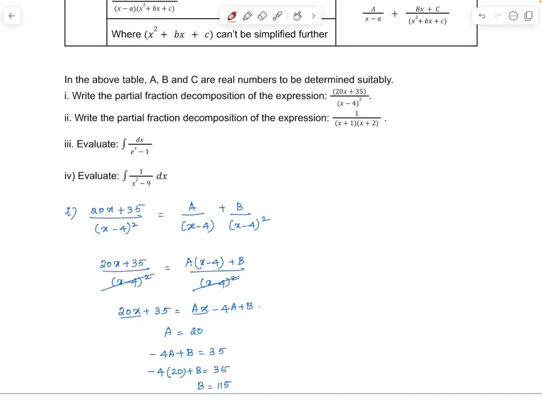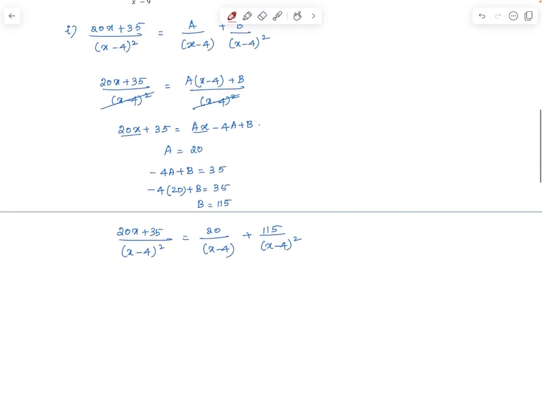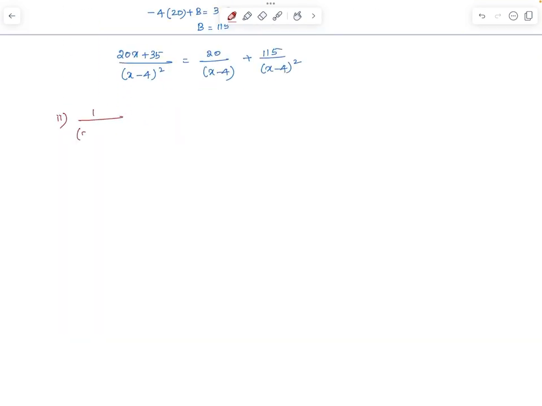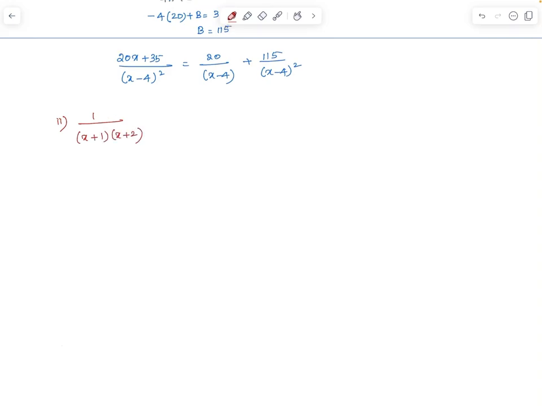Question 2. Write the partial fraction decomposition of the expression 1 upon x plus 1 times x plus 2. This expression is of the form px plus q upon x minus a times x minus b.